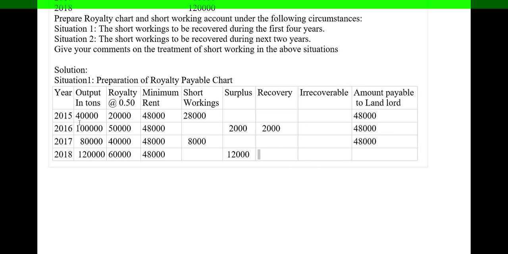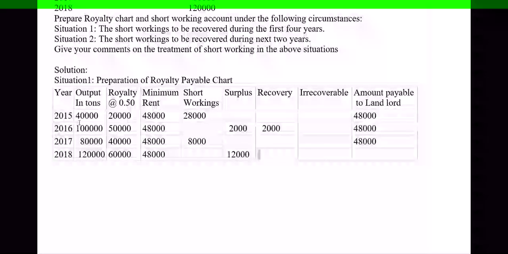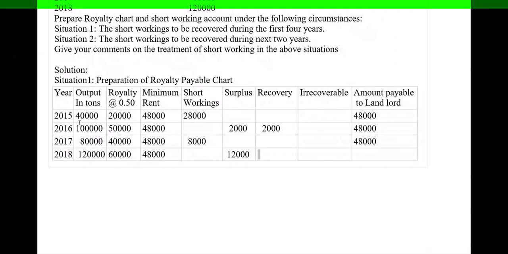So 28 minus 2, 26,000, still it is recoverable. 26 plus this 2017 of rupees 8,000, so total 34. Out of 34 we can recover only 12,000 here. So the remaining 22,000 will be irrecoverable. So the amount payable will be 48,000.